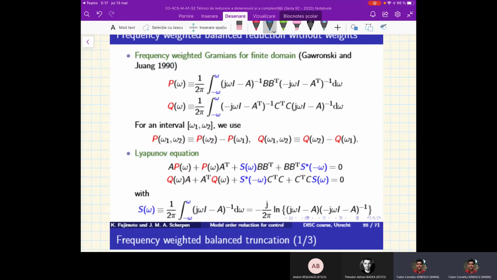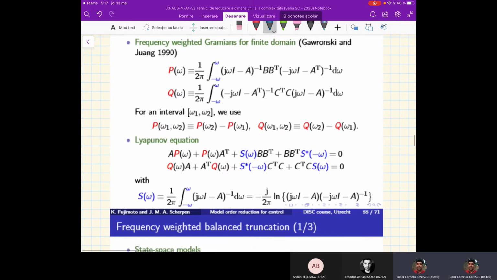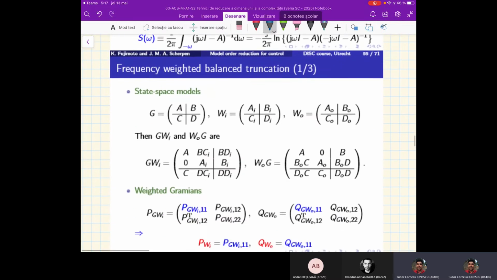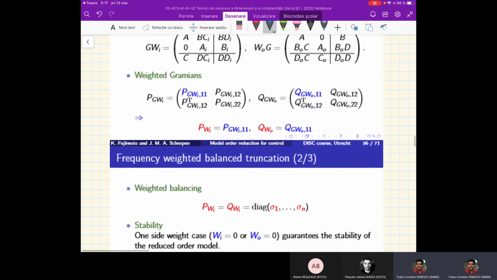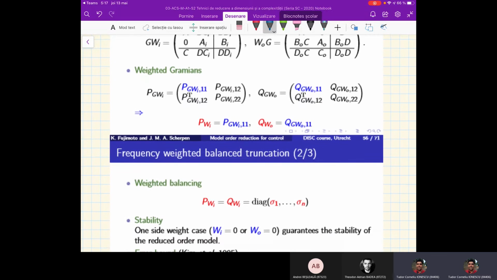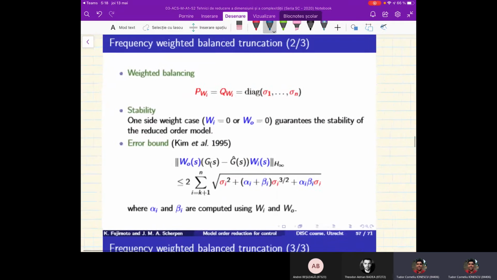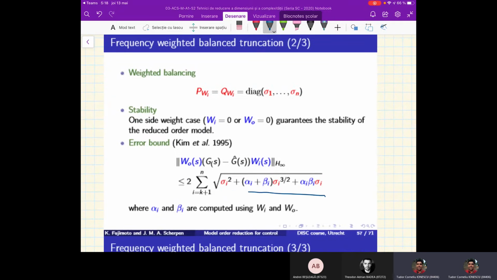We discussed the frequency weighting so far, and these are the Lyapunov equations for these two particular Gramians. And you get the state space model for the input or the output weighted system, and you get the weighted Gramians. You take only this part and balance it, then you perform truncation and you get an error bound.